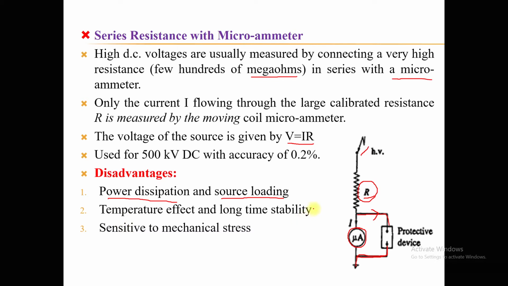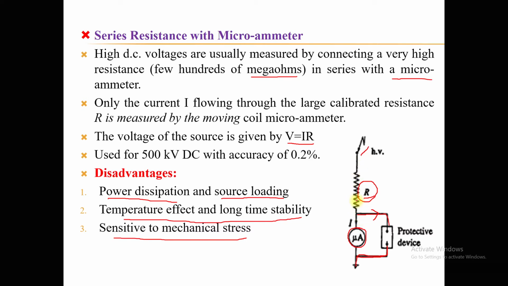As you know, the resistance is made up of a conducting material, so there will always be the influence of temperature. Any variation in temperature will change the resistance, so it directly affects its long time stability as well. It is also sensitive towards mechanical stresses, because when high voltage is applied, there will always be mechanical vibrations, and those vibrations change the length and the cross sectional area due to the tensile and compressive stress.